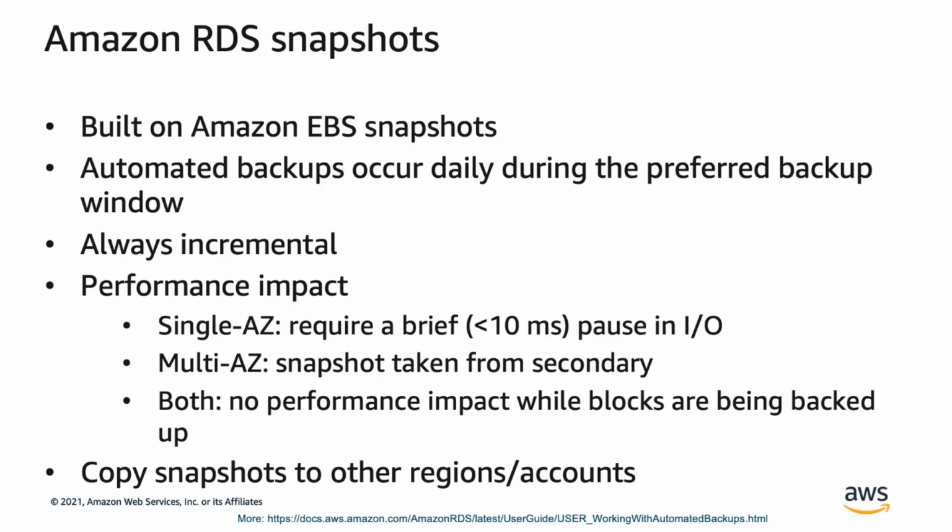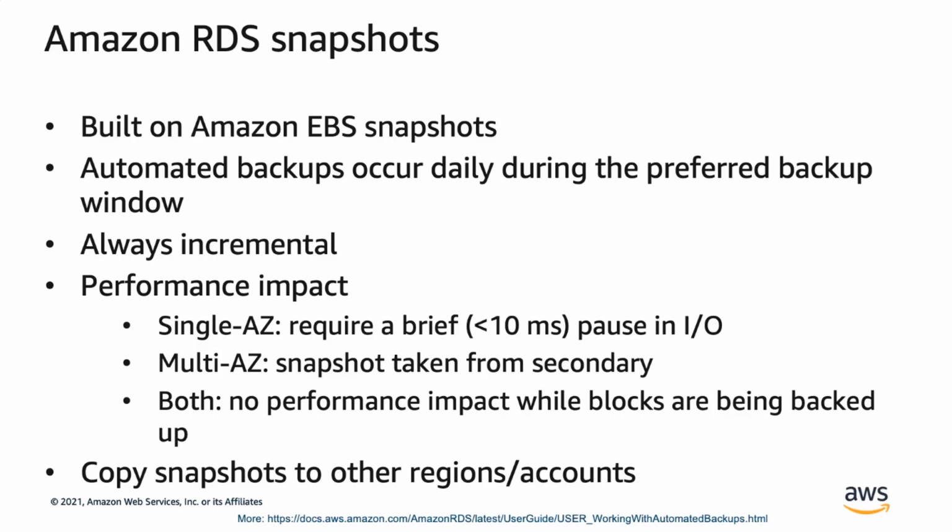Amazon RDS snapshots are built on Amazon EBS snapshots. Automated backups occur daily during the preferred backup window. And these backups we take are always incremental. For example, if you have 1 terabyte of database, the first copy of the data will be 1 terabyte.